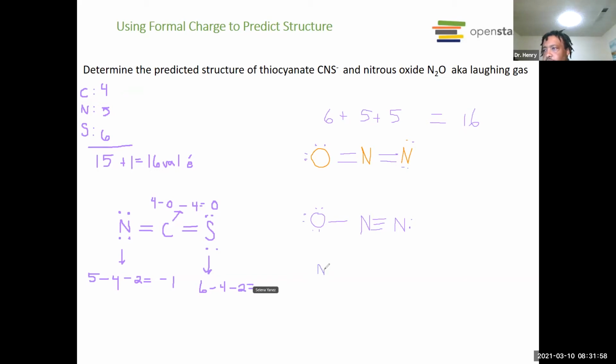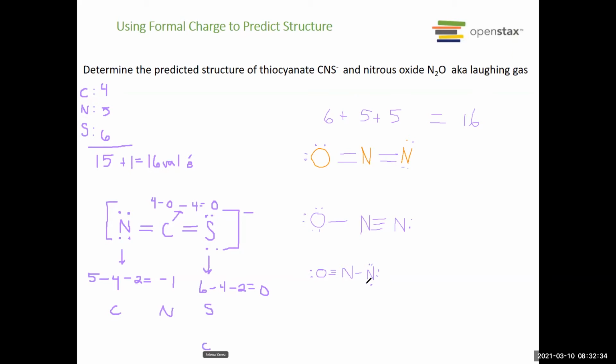And so that means that this is also another possibility where we have a triple bond over here. Single bond. Okay. You guys see that? Okay, so we have 3 different possibilities in this situation.